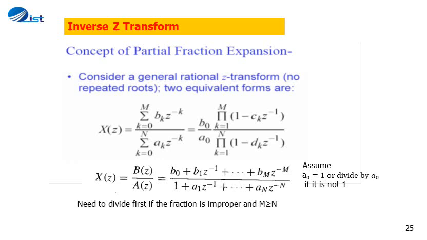Now, in order to go from X of z to x of n, first of all, we need to notice the relationship between the degrees of the polynomials in the numerator and the denominator. If the rational function is improper, which means that the degree of the numerator is greater than or equal to the degree of the denominator, then we will start by dividing the numerator by the denominator, as we can see in the next slide.